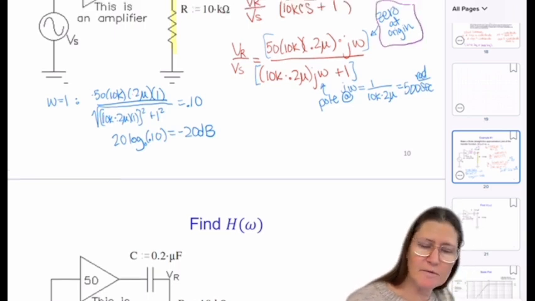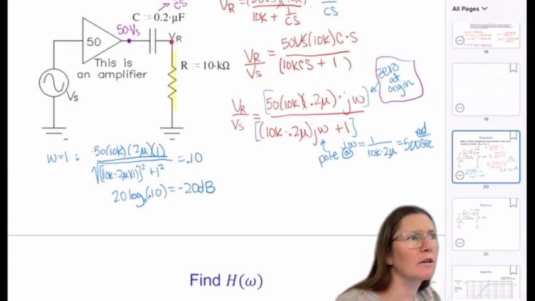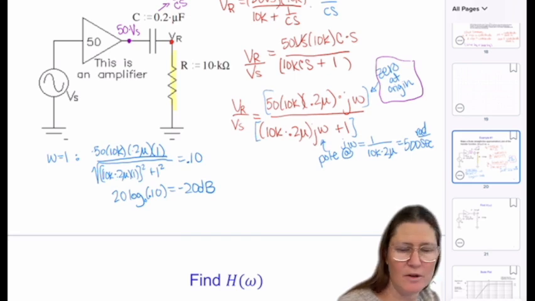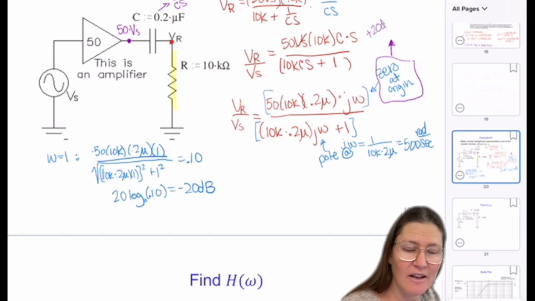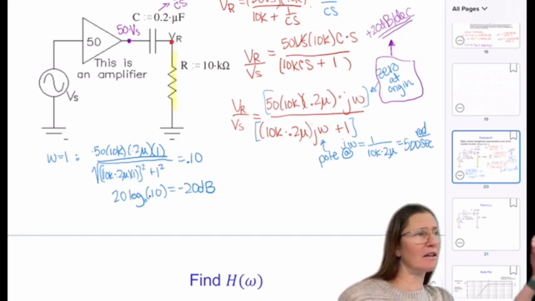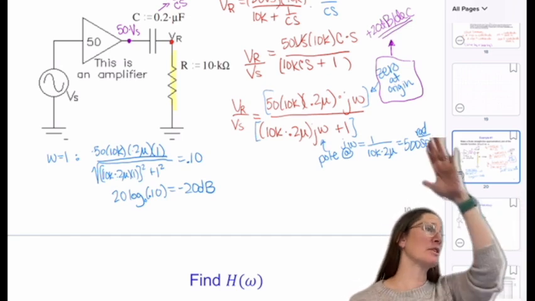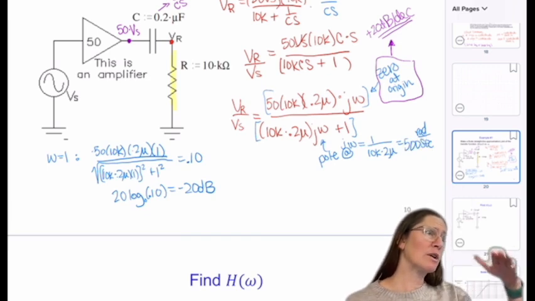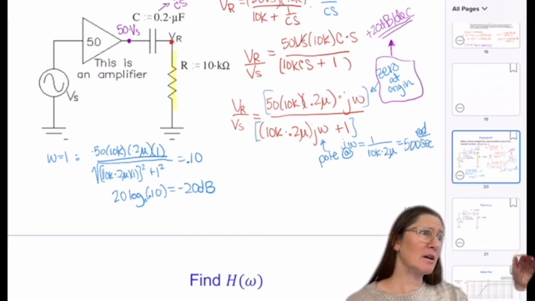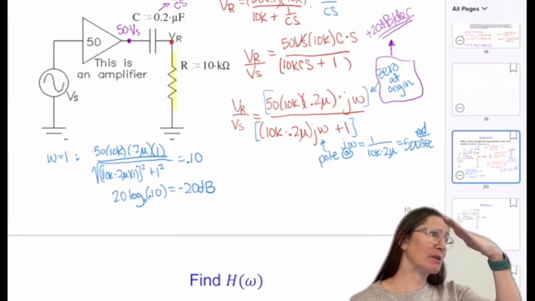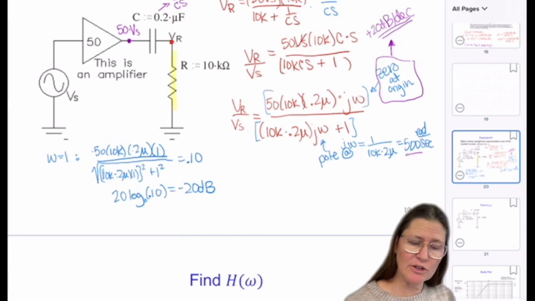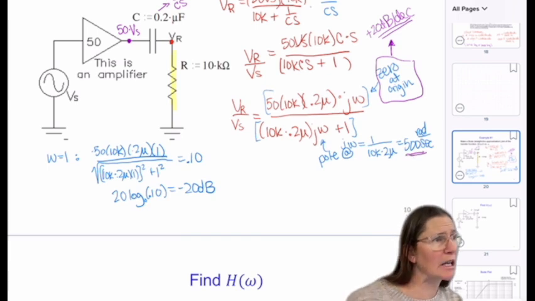So what does that tell me? Anyone? The first decade, is that 0? This is the one that says if I'm at a 0 at the origin, I have a continuous slope. So going through that point, I'm going to have a slope of plus 20 dB per decade until I reach 500 radians per second.